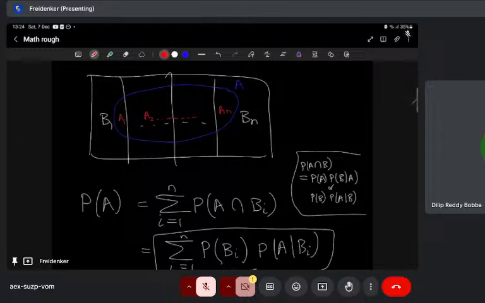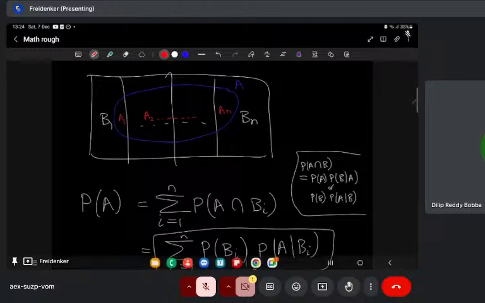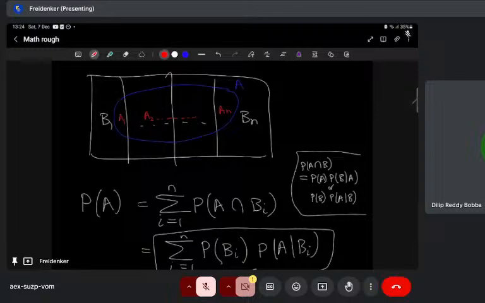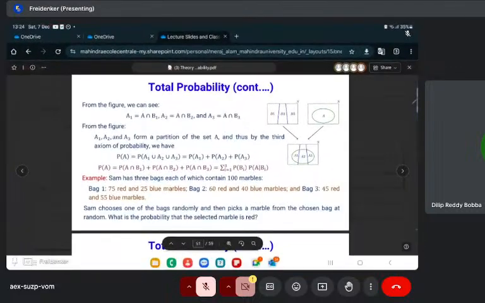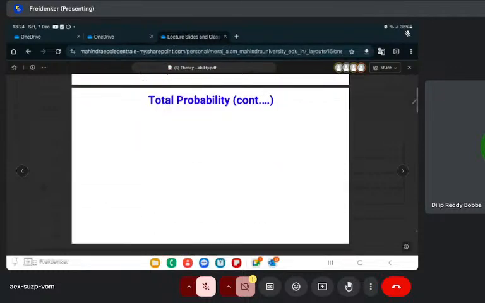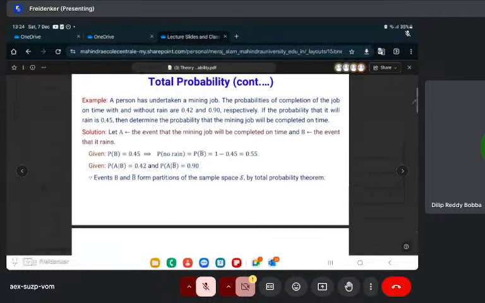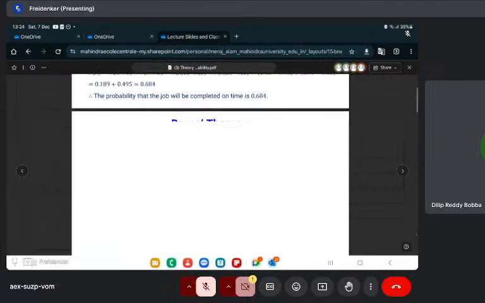Nice. So the summation of A intersection Bi will give me my A back. Nice. Total probability. There is one formula, and you can use it in different places. You can just look at the examples.